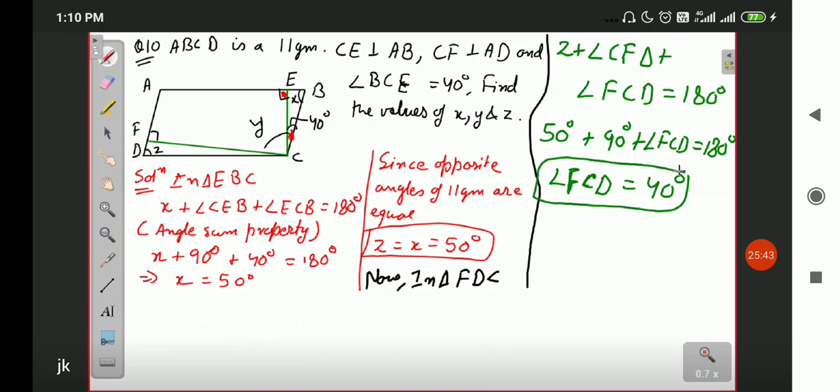Okay, why did we determine it? Because the question has not asked about it. We determined it in order to find the value of Y. Now we will say that adjacent angles of parallelogram are supplementary.